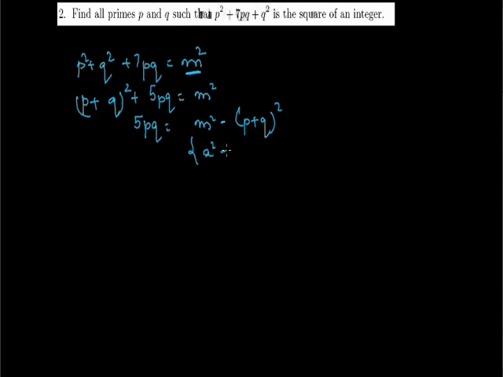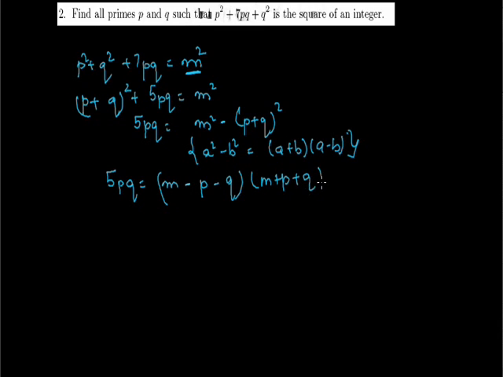By the a square minus b square identity, that is, it is equal to (a plus b) and (a minus b), I can write it as 5pq is equal to (m minus p minus q) and (m plus p plus q).